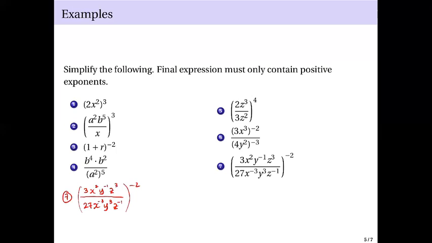So what I'm going to do in here is to manipulate first the one inside this parenthesis. So in here, I have 3. This is a constant. On the denominator, I have 27, but I know 27 is 3 times 9. So we can simplify that 3 over 27 as 1 over 9, correct?